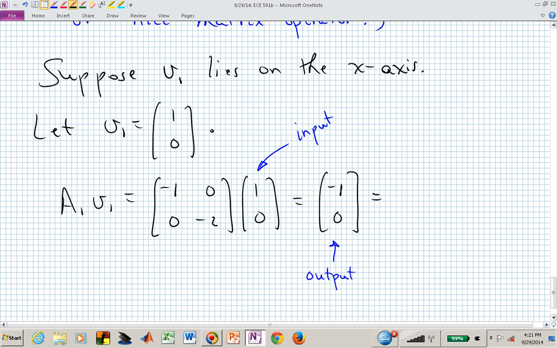But that we can rewrite. We can factor out minus 1. And now this is actually minus 1 times v1, and that's just a scaled version in the x direction. We've just reflected 180 degrees through the origin, but we've stayed on the x-axis.